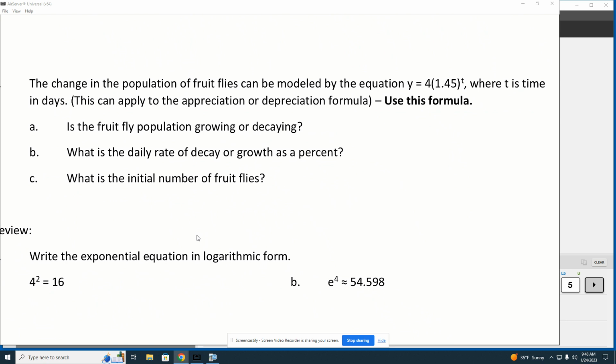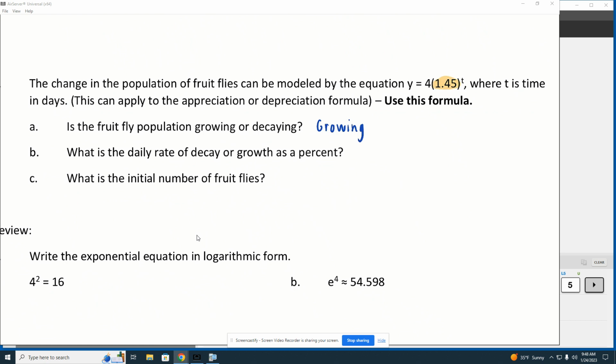This can apply the appreciation or depreciation formula. So A, is the fruit fly population growing or decaying? It's definitely growing. How do I know? Because the base of your exponent is greater than 1. If it's greater than 1, it has to be growing.